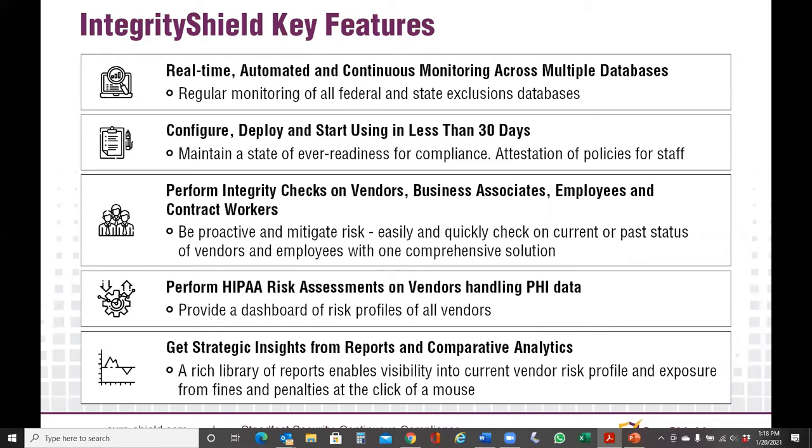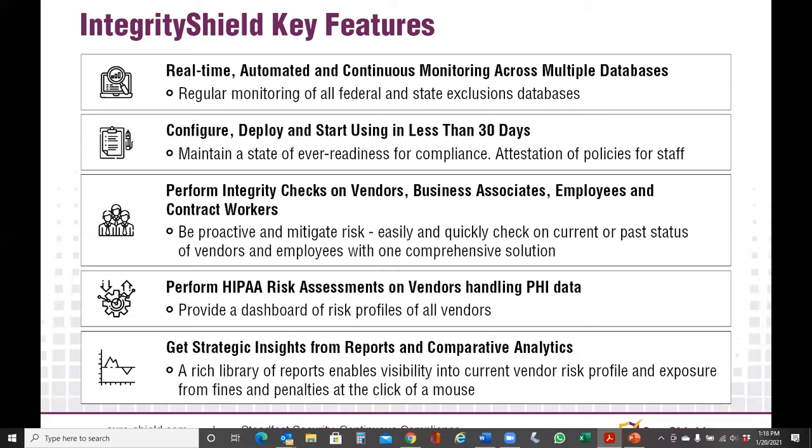Briefly, what we provide at SureShield under a product offering called the Integrity Shield is a real-time, automated, and continuous monitoring process across all these databases. I'll get into how that all works a little further, but essentially it becomes a managed-by-exception program for you.